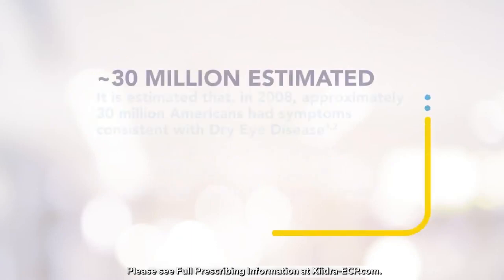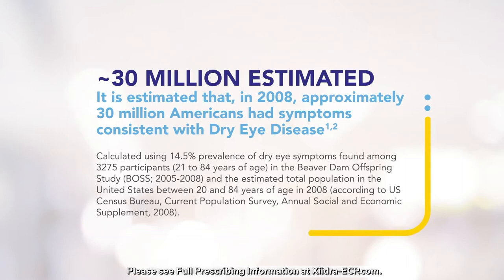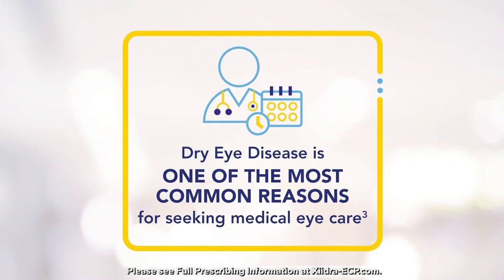Using that prevalence and the estimated adult population from the U.S. Census in that same year, we extrapolated that approximately 30 million Americans had symptoms consistent with dry eye disease. Given that estimation, I believe that there are likely more dry eye patients in our offices than we think. In addition, dry eye disease is one of the most common reasons that patients seek medical eye care.